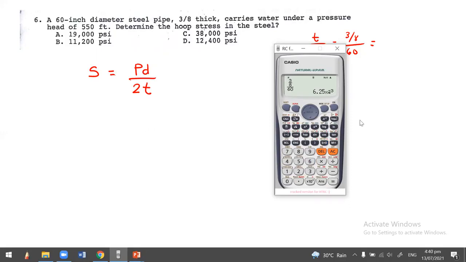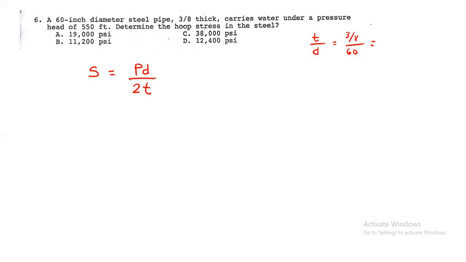So kung mapapansin natin, 6.25 times 10 raised to negative 3. So mapapansin natin, T over D is less than 0.10. Ibig sabihin, thin wall. So thin wall formula, ito yung gagamitin natin.